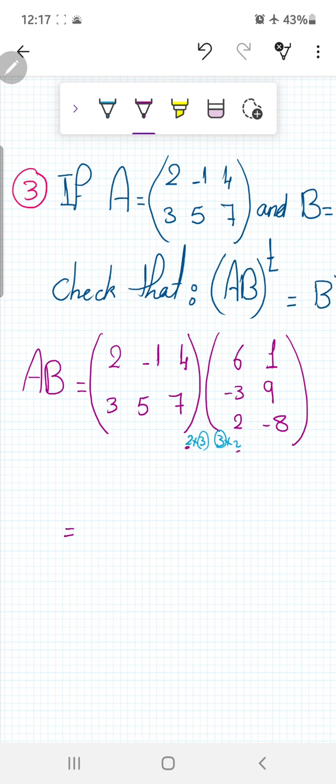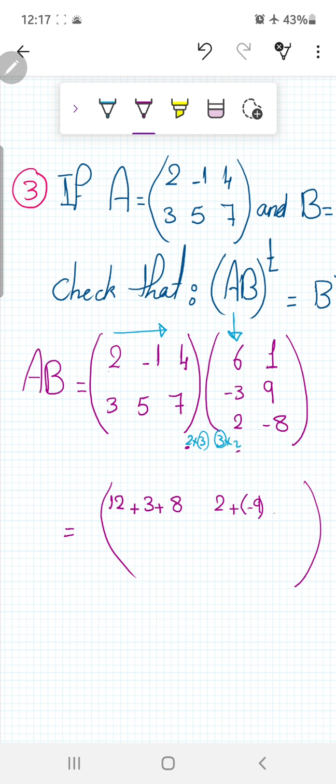Open a big bracket, and don't forget to write the first matrix row and the second matrix column. Here 2 times 6 equals 12, plus negative 1 times negative 3, 3, plus 4 times 2, 8. The second column, 2 times 1, 2, plus negative 1 times 9, negative 9, plus 4 times negative 8, negative 32. We finished the first row.